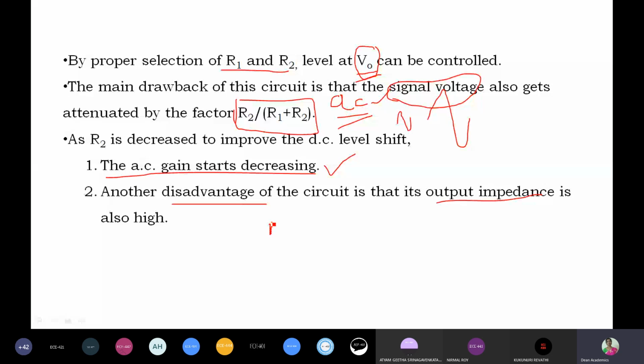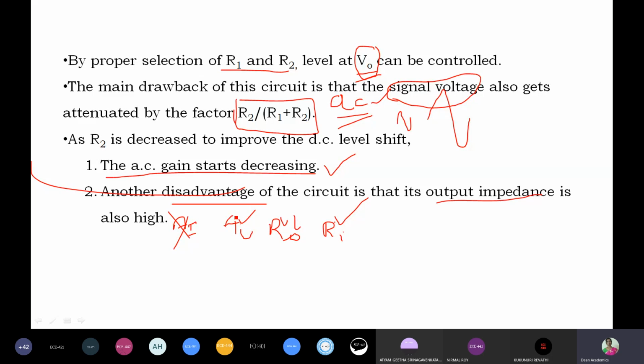For any amplifier, we calculate four parameters: current gain, voltage gain, output resistance and input resistance. If it is a voltage amplifier, we focus more on voltage gain. For our differential amplifier, current gain is undefined, voltage gain we have seen, input resistance is always very high, and output resistance is always very low.